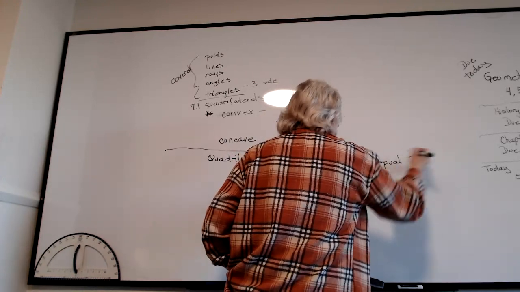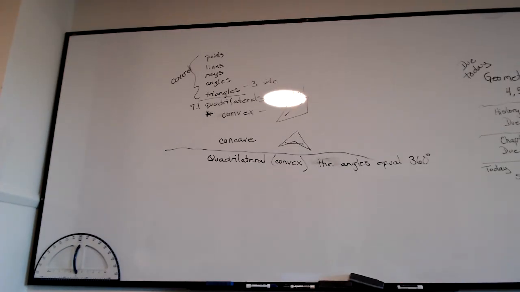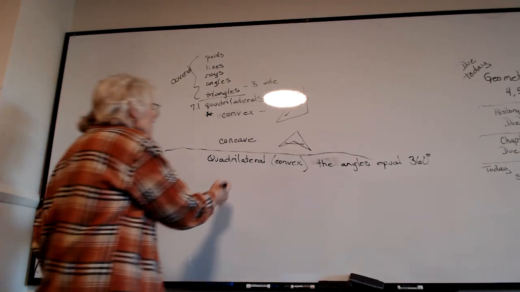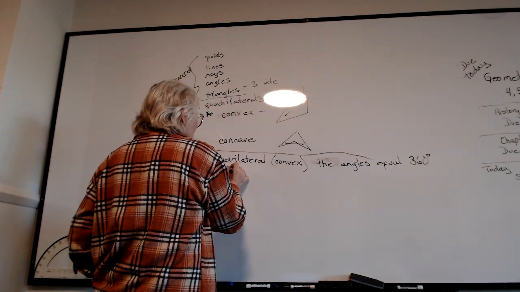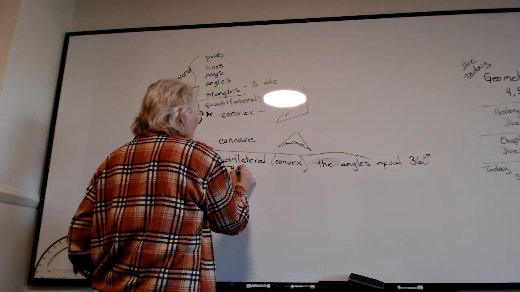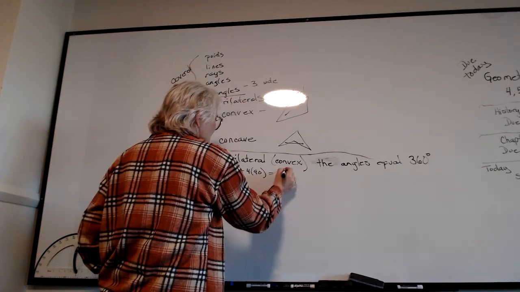360 degrees, okay? So that's something we can say about all quadrilaterals, is that you're always gonna get 360. And again, to remember it, just draw your basic square. 4 times 90 is 360.